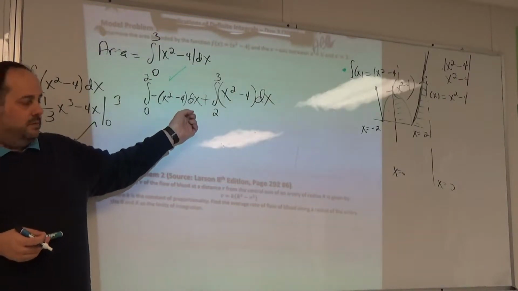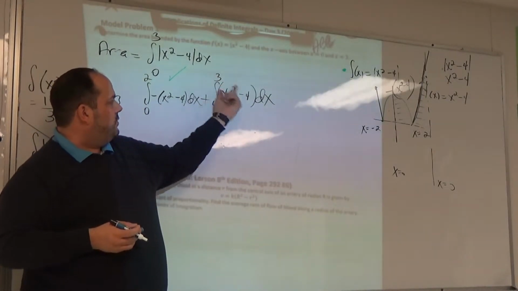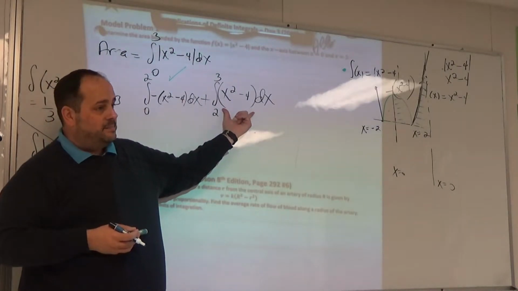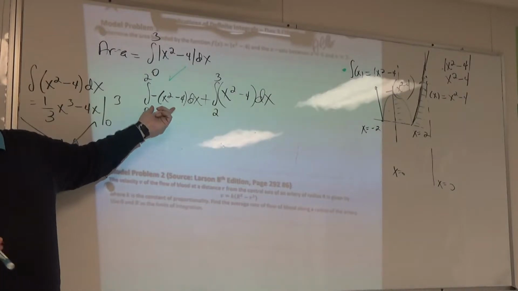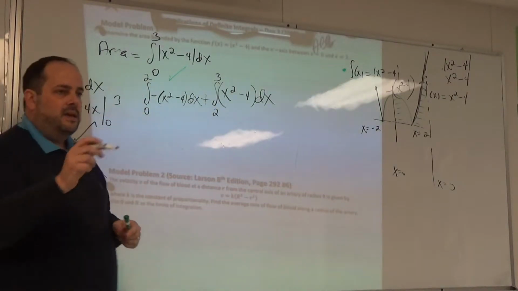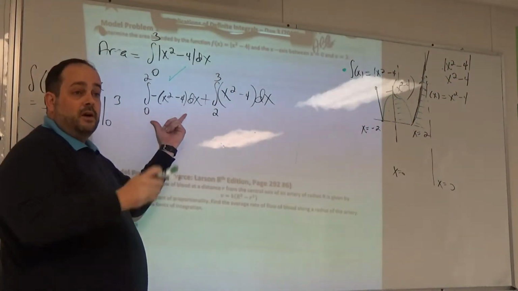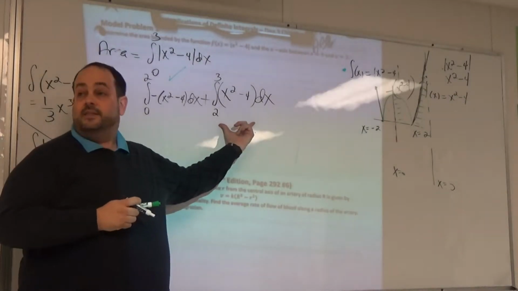Find the definite integral. This part over here, find the definite integral from 2 to 3 and just don't use the absolute value bars. Here I didn't need the absolute value bars. Over here I did. Here's what I want to have happen. If you are in these three groups over here, finish off the integration for the first definite integral. These three groups over here, this part.